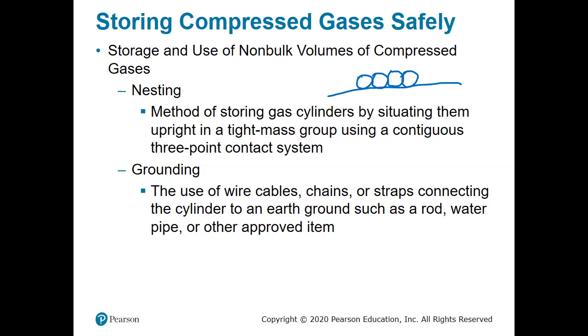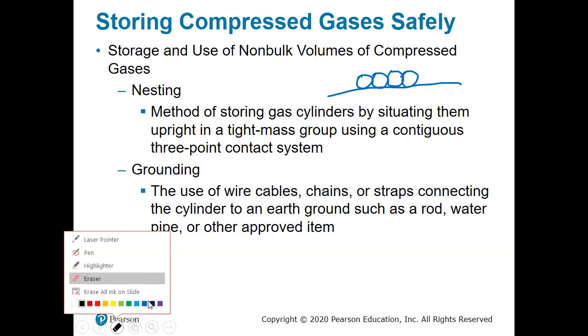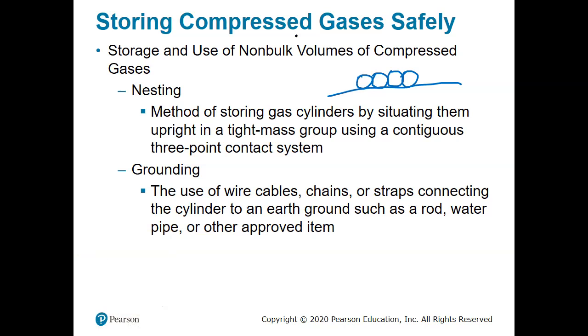And then a third point of contact would either be the use of some sort of strap to fasten them to the wall, or in the case of having even more cylinders around, placing a second row of cylinders nested in the gaps between the first cylinders.